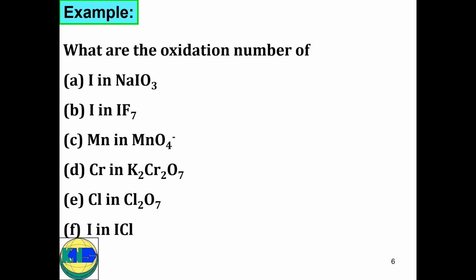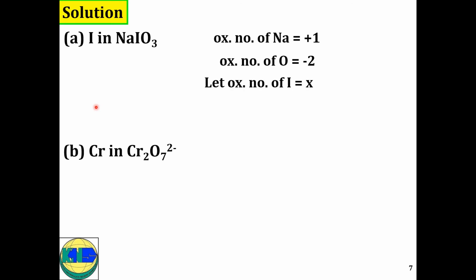So look at the first example here, iodine in NaIO3. We look at example A. We wish to determine the oxidation number of iodine in NaIO3. Oxidation number of sodium equals positive 1. Oxidation number of oxygen equals negative 2. We let the oxidation number of iodine equal X. Then we total up the oxidation numbers in NaIO3.